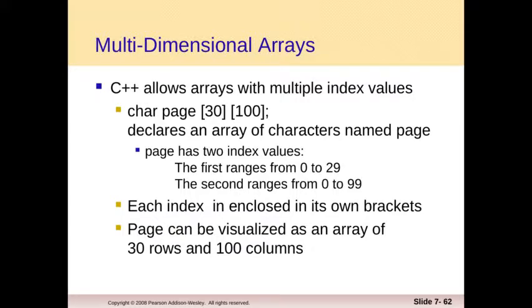It's as if I want to view this page as having 30 rows, and each row with 100 columns, then it is as if I wander along the first row, and I place every character that I see in memory, and then I wander along the second row, and I place every character that I see in memory, and so on and so forth.